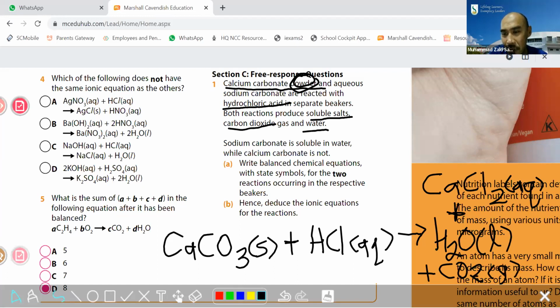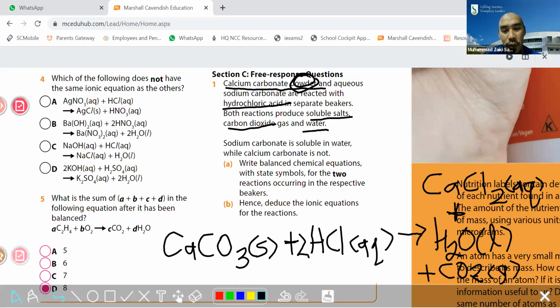So this is not enough. You get the correct state symbols, right? But you still need to balance. The very obvious element that's not balanced is actually chlorine. We have only one chlorine on the left hand side, right hand side got 2 chlorine. So instinctively, you should put 2 here.